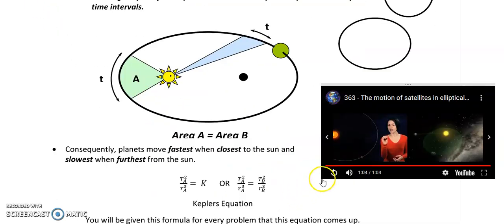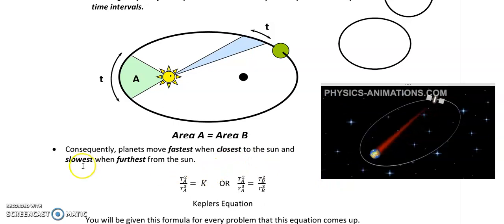Well, if we take a look at this little animation here, the satellite is moving around the planet. It is moving slowest when it's furthest away. It is moving fastest when it is closest.